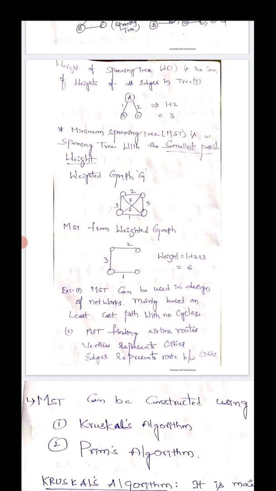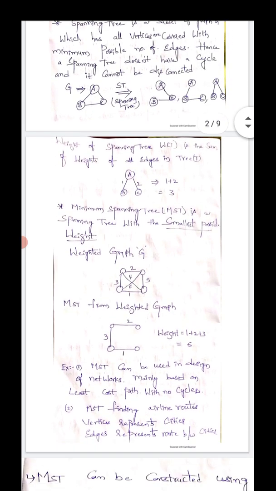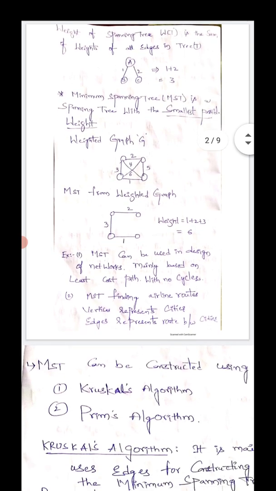A minimum spanning tree is a subset of graph G which has all vertices covered with the minimum possible number of edges. A spanning tree does not form a cycle. That's why, look at this, the minimum spanning tree from the weighted graph is 1 plus 2 plus 3, which is 6.